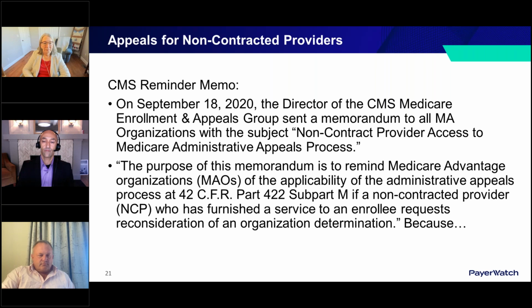Okay, so the reason you might not have heard about this process is that payers have actually been very bad at telling providers about this process when they are supposed to.